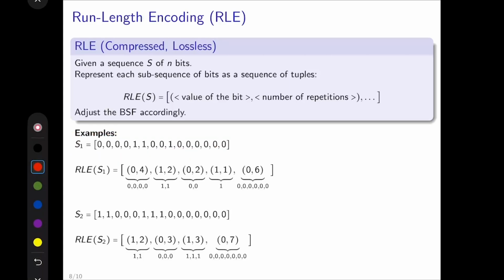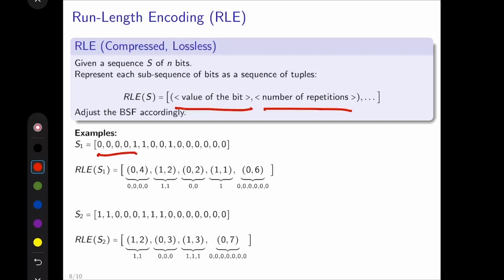You basically encode the repetitions. So you say, okay, here I have 4 bits that are set to 0. I represent that as a tuple that is the value of that bit and then the number of repetitions. So the sequence of individual bits is replaced by a sequence of these tuples, always the value of the bit and then the number of repetitions.